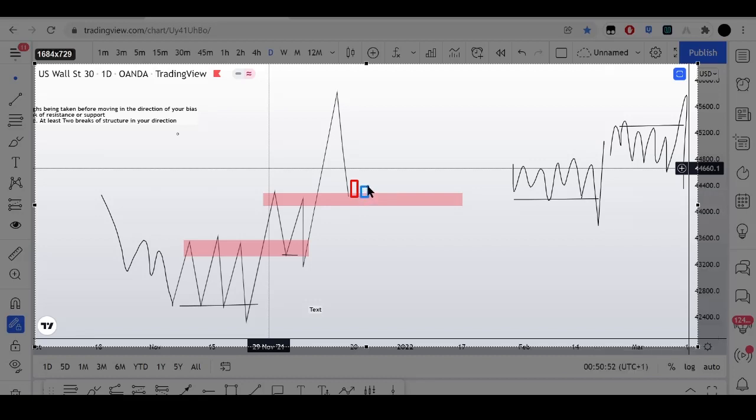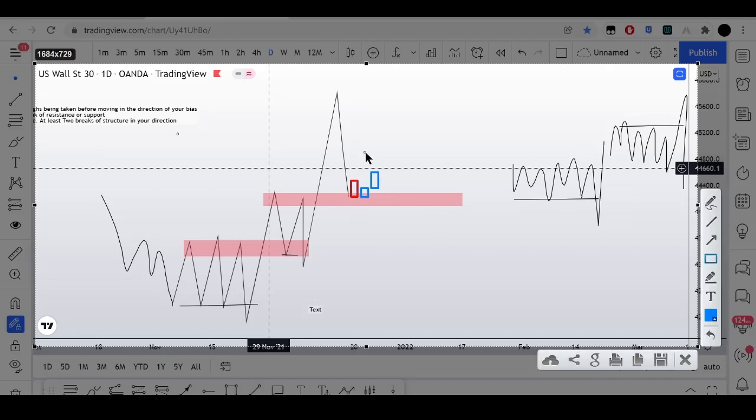Okay, you will look for this. So this is a 3 variation pattern. Same thing, let's say the wicks. You want to see it close above that wick.